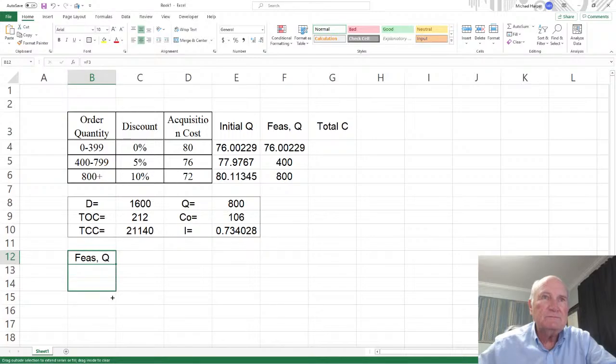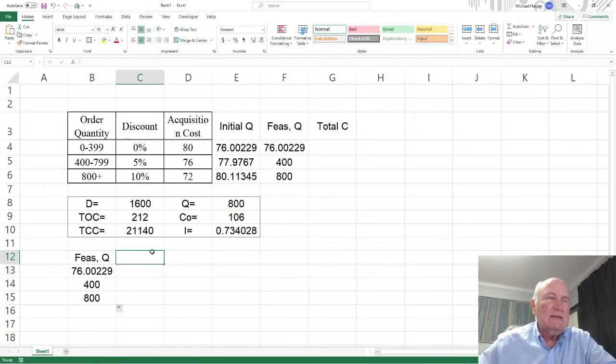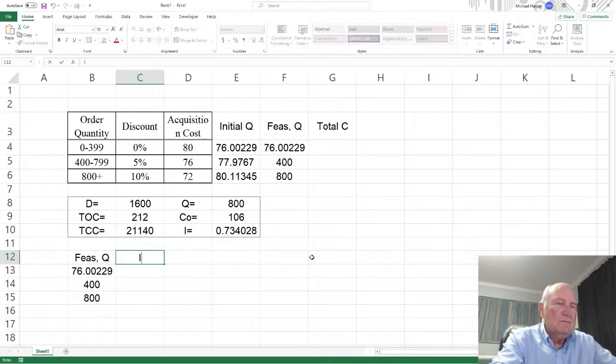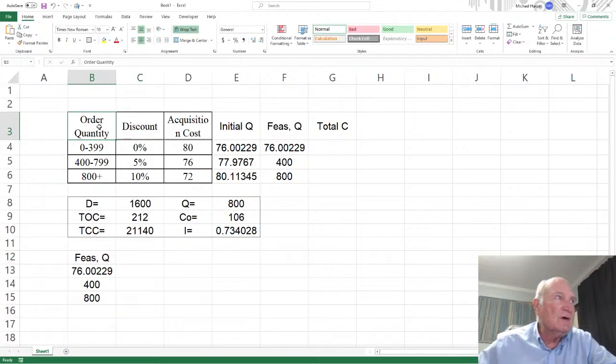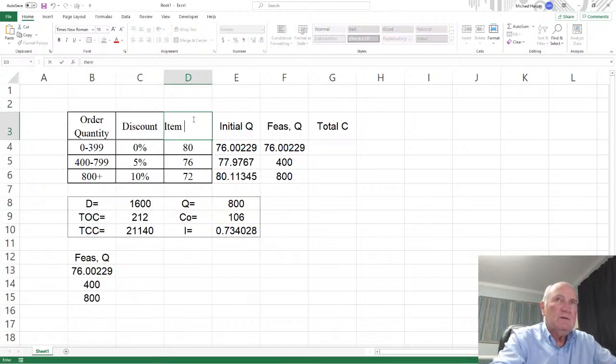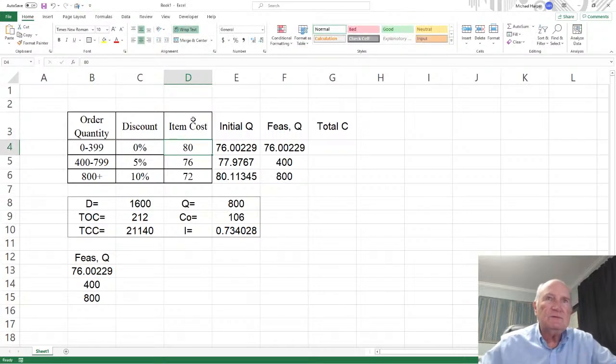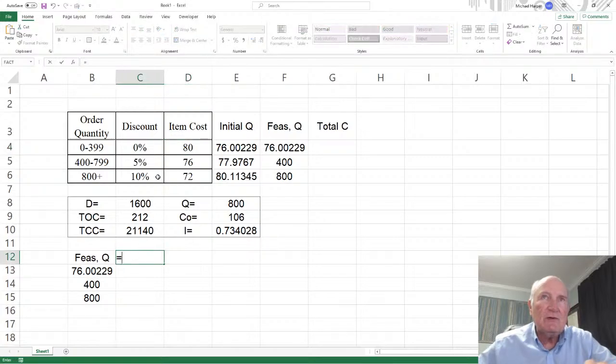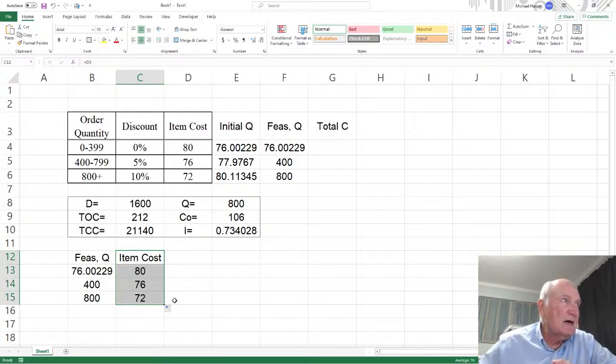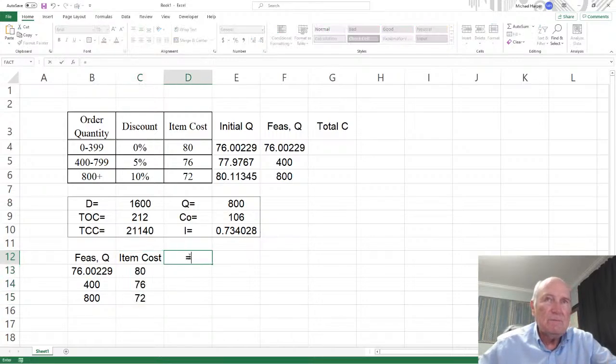Now on this one, let's do the item cost. Up here, let me just say, this is our item cost. Just type that in. Copy this down because I want my demand here.